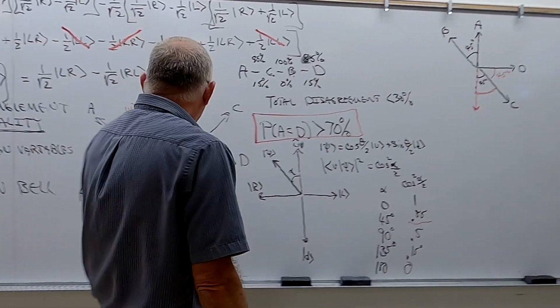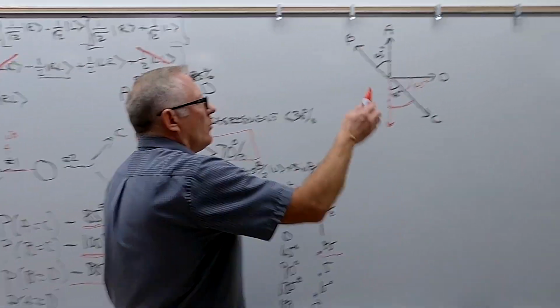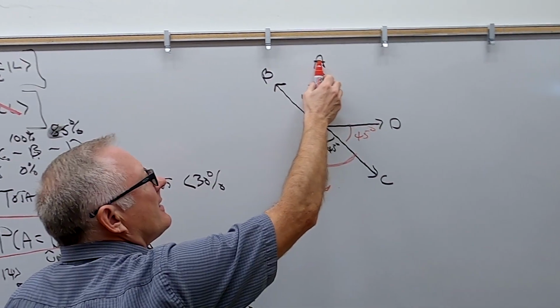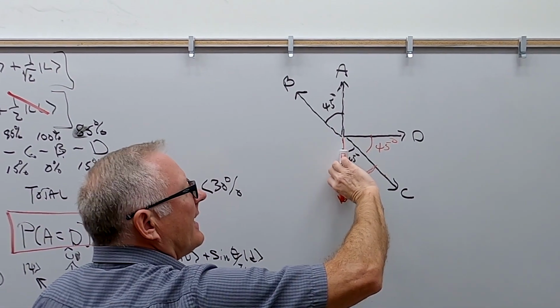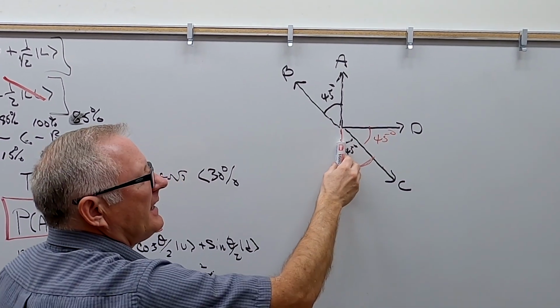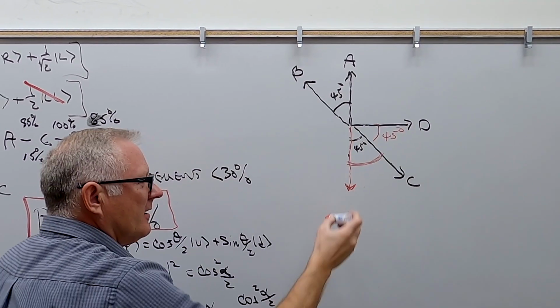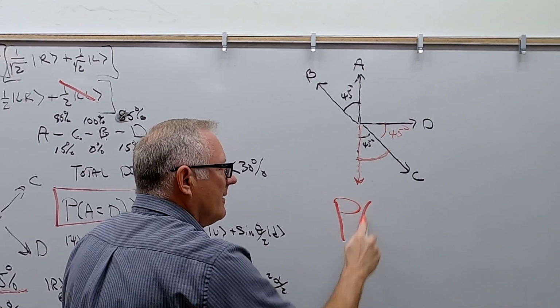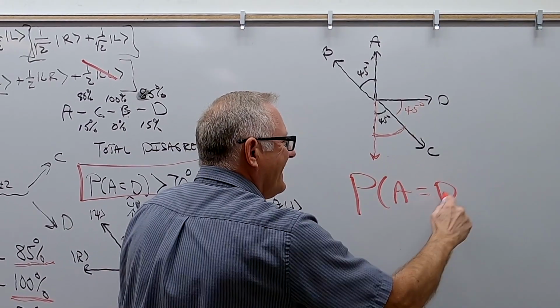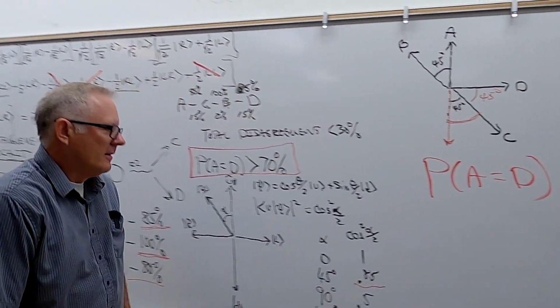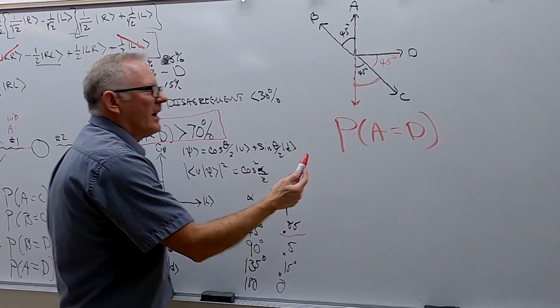Well, what do we get for A and B? Well, A is this way. The opposite of A would be right there, and we just want to know how far is that from D? From there to D is 90 degrees, so the probability of A equal to D, 90, that's 0.5.